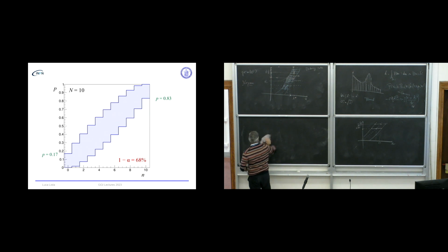So what do we do if we have a discrete distribution? Let's take, for instance, a binomial distribution. For a binomial distribution, how should I proceed? In this case, I take N equal to 10, so my random values of n could be from 0 to 10.